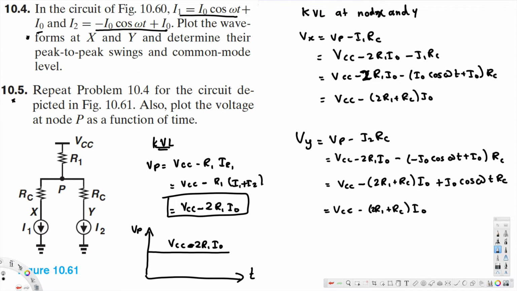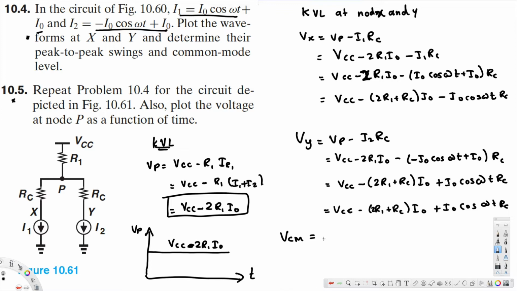For VX we have minus I naught cos omega t RC. For VY we have plus I naught cos omega t RC. So VCM is basically we add these two together and divide by 2.